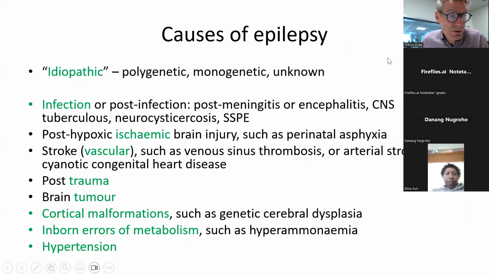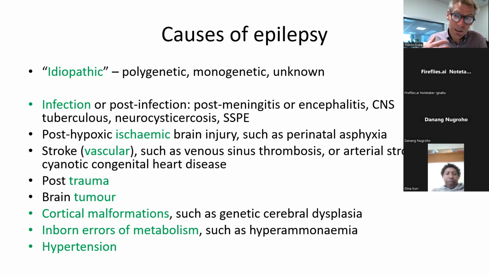The causes of epilepsy are important because in many populations, most epilepsy is idiopathic. That is, we don't know the cause. But in some populations, some types of secondary causes, what used to be called symptomatic epilepsy, that is, the epilepsy is a symptom of some other disease, are more common.